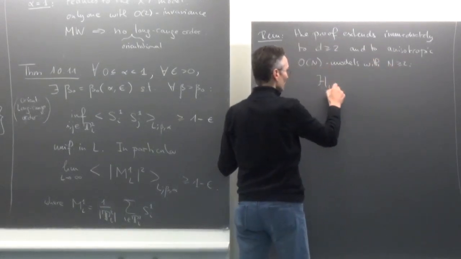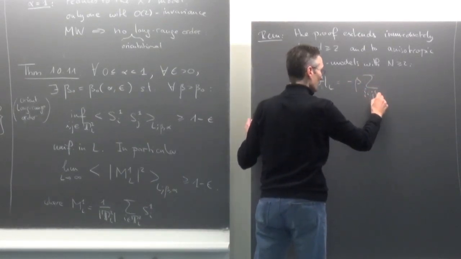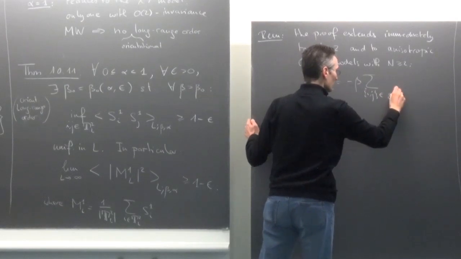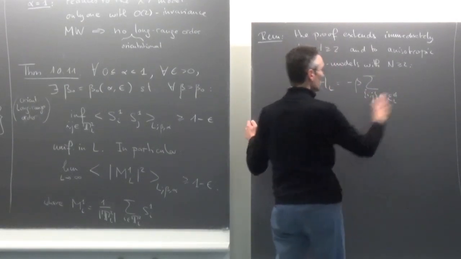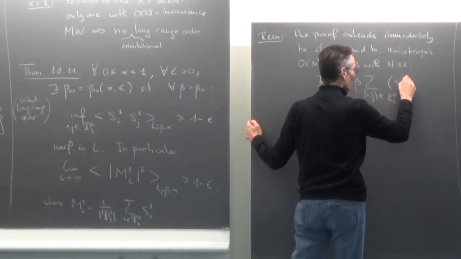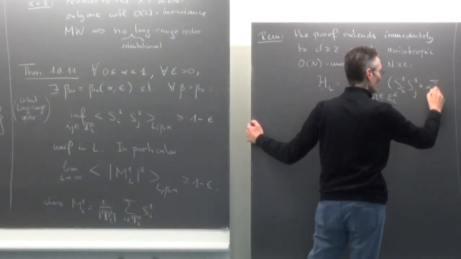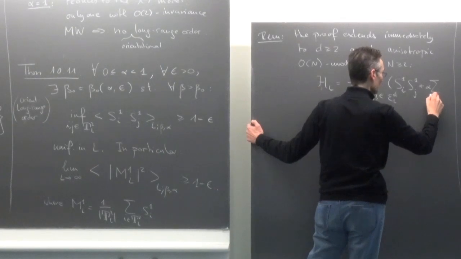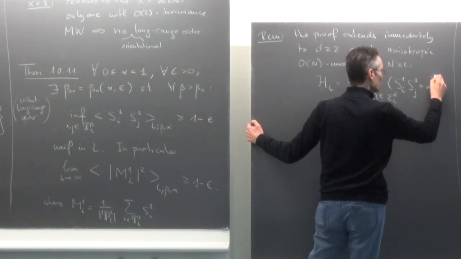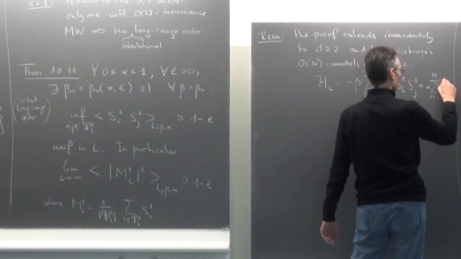Anisotropic O(n) models with n greater or equal to 2, which have Hamiltonian, let me just write it. So these ones have Hamiltonian minus beta, sum over all ij in the edges of the d-dimensional torus, and then you get the first component S_i^1 S_j^1 plus alpha, and then the sum over, say, k from 2 to n, S_i^k S_j^k.